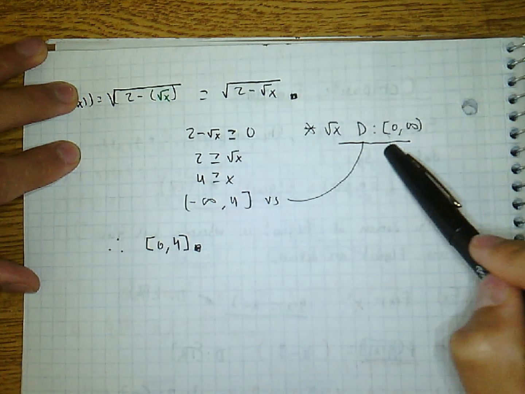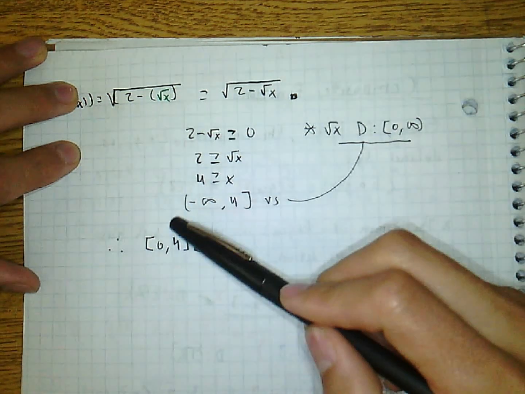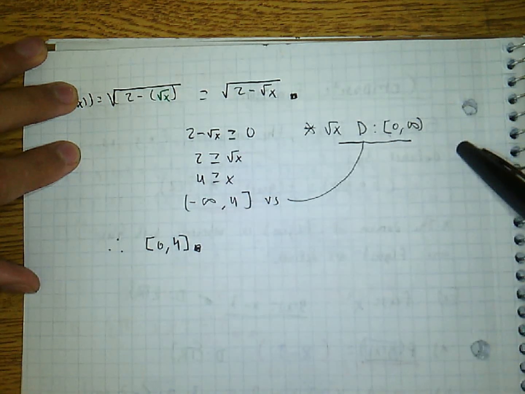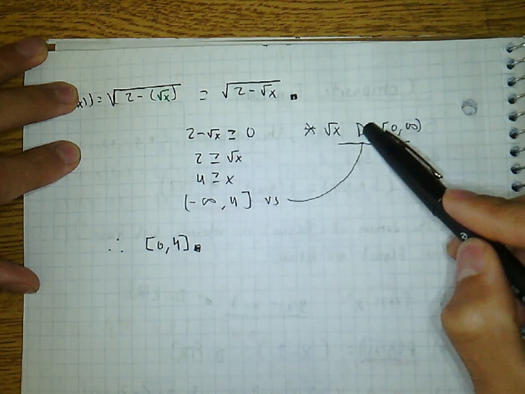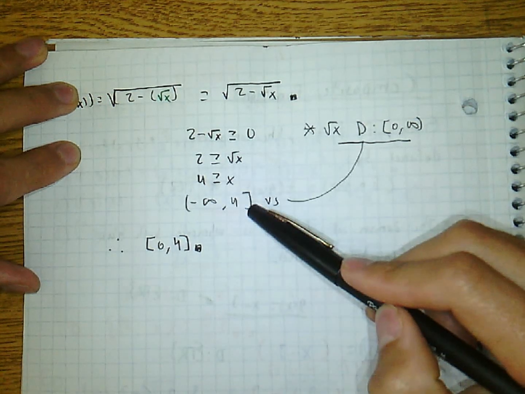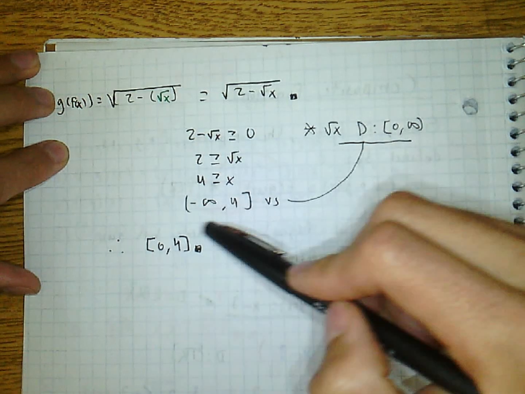As you can see, according to this, the domain could never have any negative numbers, so that's gone. So technically I can start at 0 and go to infinity. This one doesn't go to infinity, but I can definitely start at 0 and end at 4. Therefore, the domain of the final solution should be from 0 to 4.